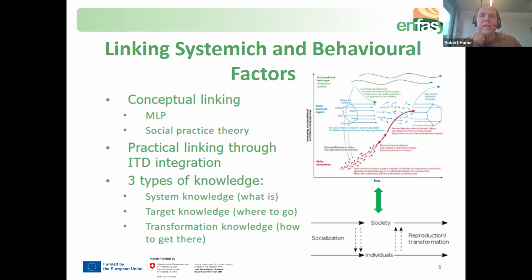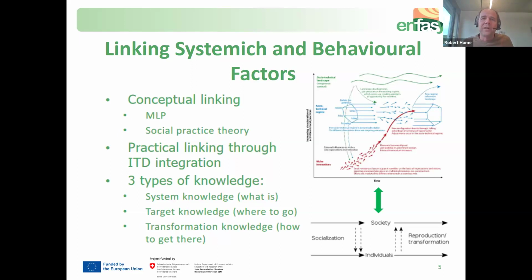And at the practical level, that meant that we need to consider inter-transdisciplinary research. What that meant was that we started to think about these three types of knowledge: system knowledge, target knowledge, and transformation knowledge. The system knowledge, the what is part, was very useful for us for accommodating the different disciplinary backgrounds inside the project.